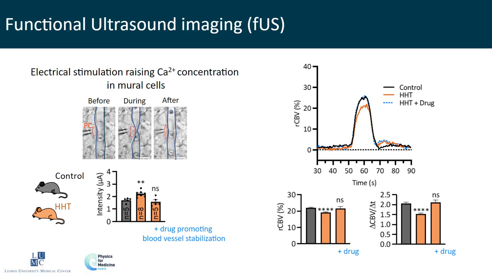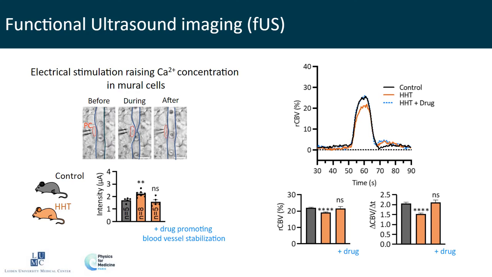So finally, we tested whether functional ultrasound imaging could be useful to monitor drug effect. We used a drug promoting blood vessel stabilization. I cannot give you the name because of intellectual property problems, but this one is one of the analogs we have developed.